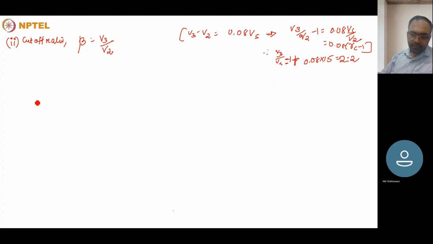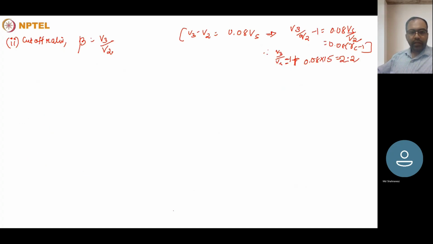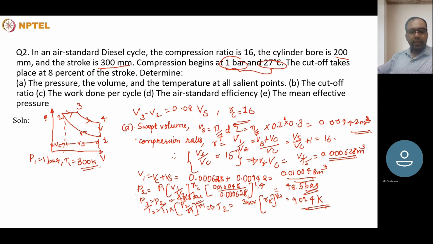Next, we calculate the other pressures. Till now we have calculated the pressures and temperatures at the exit of the compressor. At the exit of the heat addition, we have calculated the pressure. But now, since we have got the cutoff ratio, we can calculate the temperature at the exit of the constant pressure heat addition process.